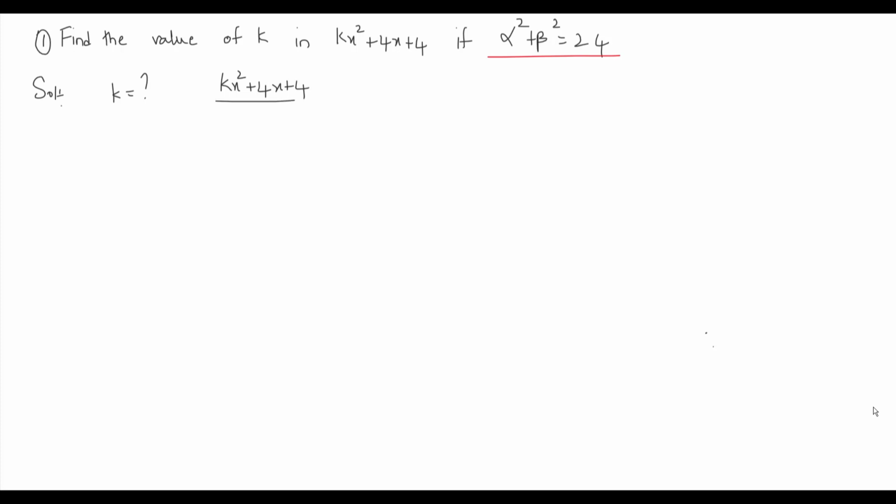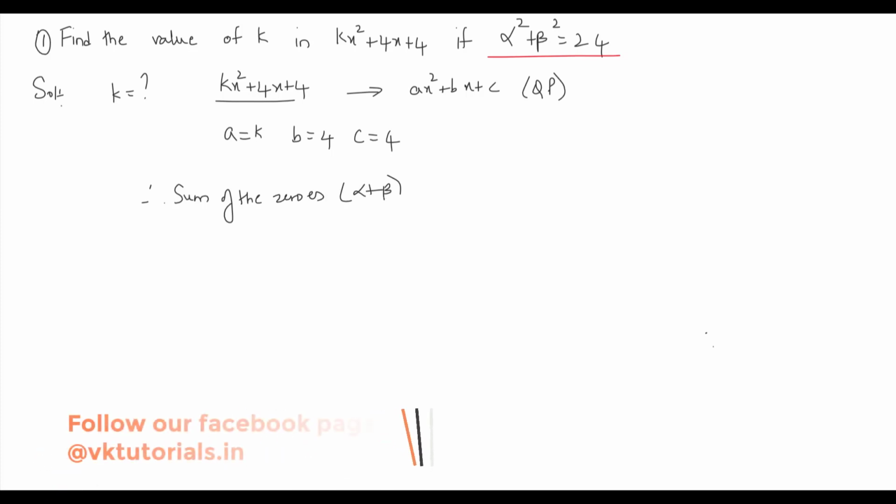So from this kx square plus 4x plus 4, compare it with ax square plus bx plus c, the general form for a quadratic polynomial. So I can say a is equal to k, b is equal to 4 and c is also equal to 4. Therefore, using the relation, sum of the zeros, that is alpha plus beta, is minus b by a.